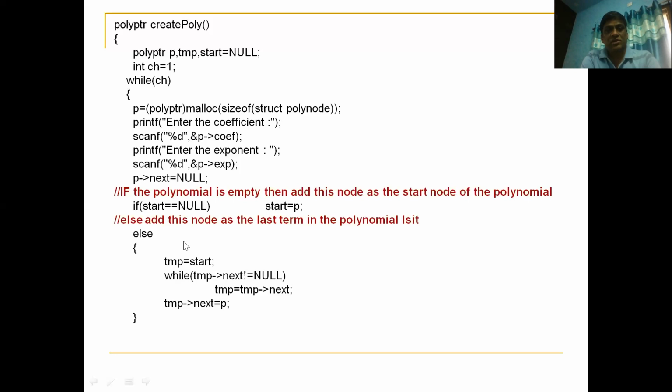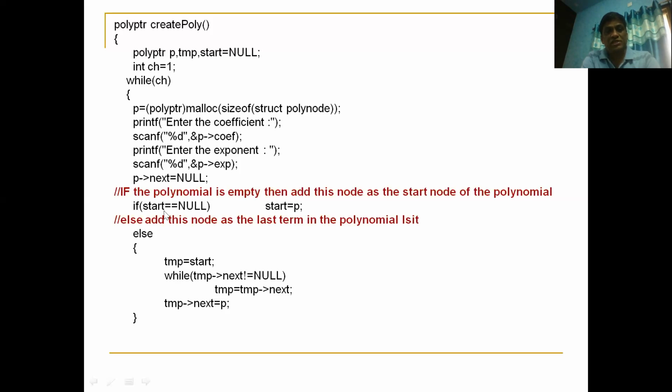Otherwise, if there are some terms already present in the polynomial, then we need to reach the end of the polynomial by using this while loop, which takes a temporary pointer temp, begins at start, while temp->next not equal to null, temp = temp->next. This loop ensures that you reach the end node, the last node, and then we simply attach p to that last node: temp->next = p.